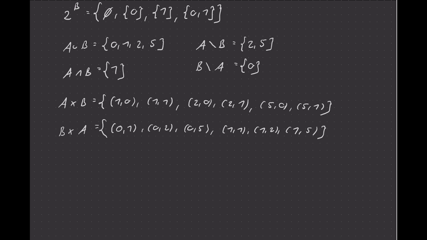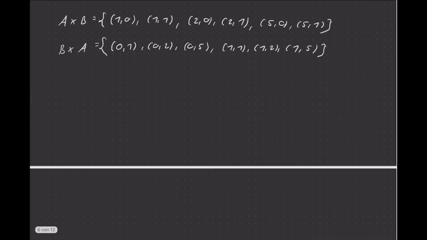Okay, so much about sets and set operations. There's one special kind of sets that we'll often deal with, and those are intervals, usually intervals of the reals. So let's have a quick look at those as well. What we have here is two numbers, two bounds of that interval.